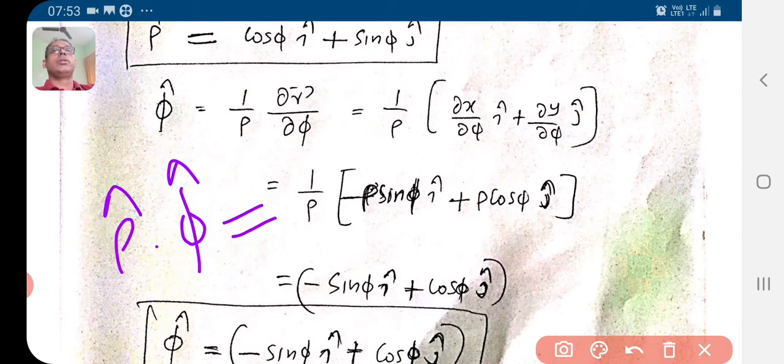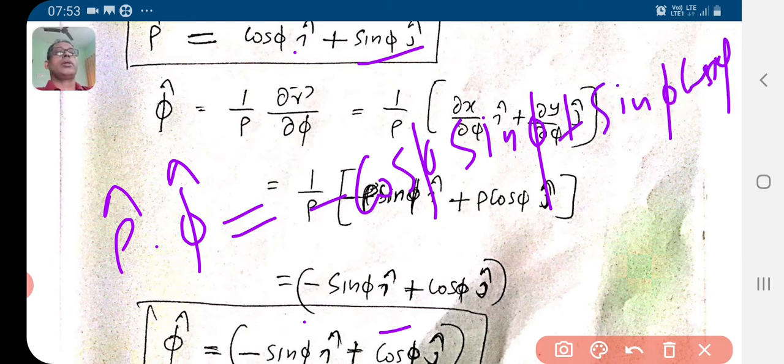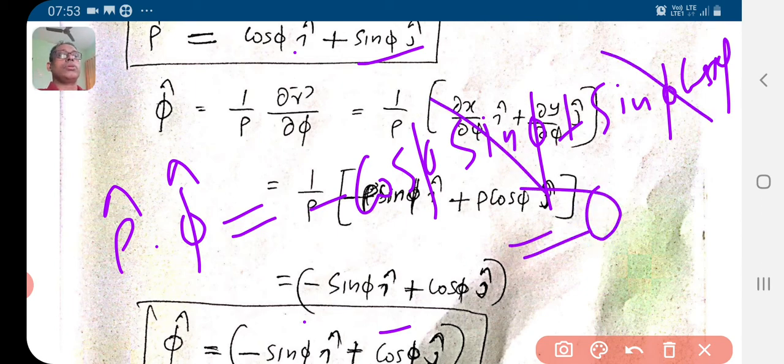Here we have cos phi i, minus sin phi, so we will be getting minus cos phi sin phi. Here we have sin phi and cos phi, so plus sin phi cos phi. This will get cancelled, and rho dot phi is equal to 0.